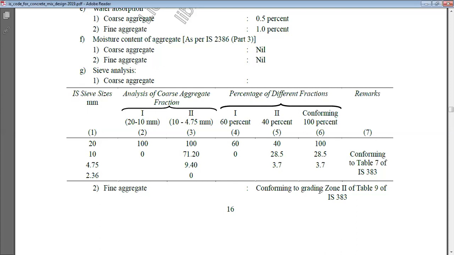The given fine aggregate comes under zone 2 from table number 9 of IS 383. IS 383 gives the different zones for different types of aggregates, either fine aggregate or coarse aggregate. This zone 2 is very important for our calculation. These are the given data.